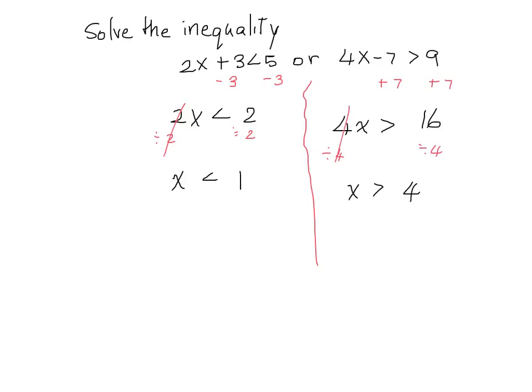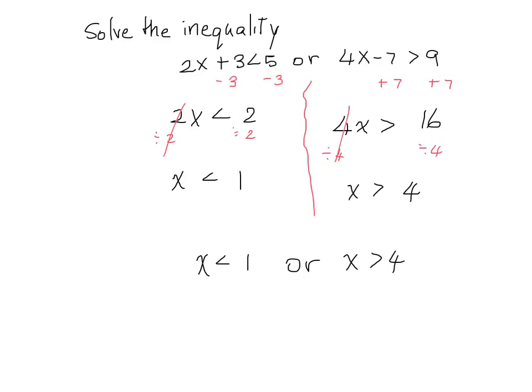Since this inequality at the very beginning was an OR inequality, because either 2x plus 3 was less than 5 or 4x minus 7 was greater than 9, so either this or that, our answer is going to work the same way. Either x is less than 1 or x is greater than 4.